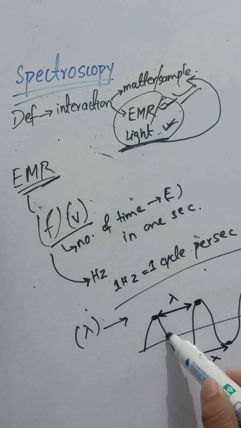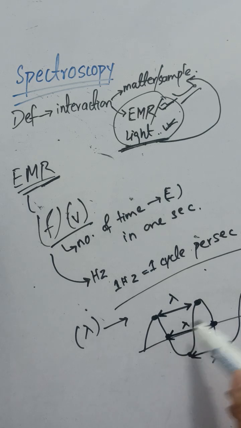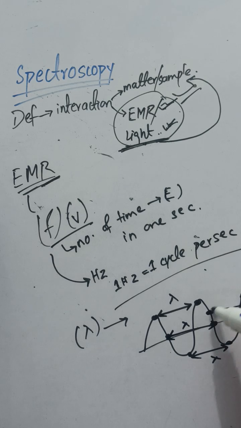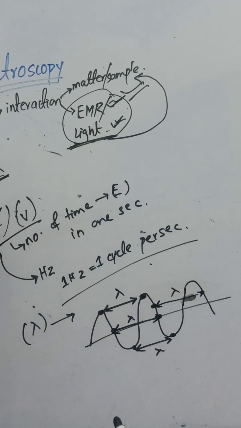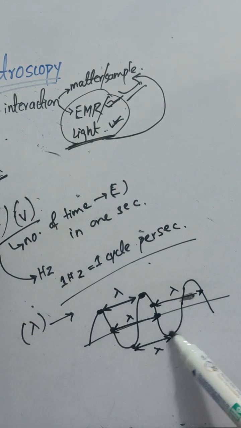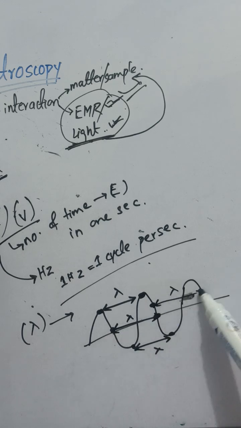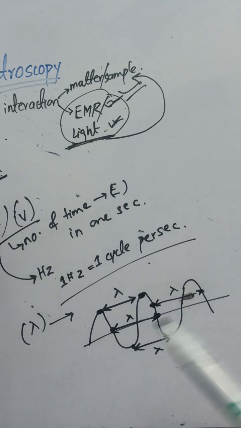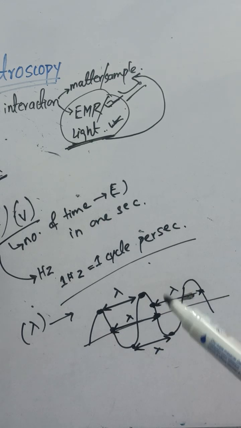Okay, now the distance from here to here is also one wavelength, and this side is also one wavelength. Okay, so you should know what the wavelength is. So the distance between two crests or two troughs, and also at any point the distance between the two phases is equal to one wavelength.